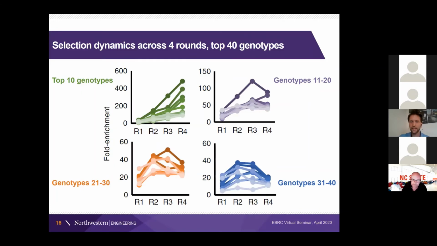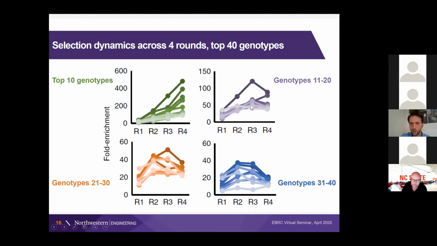As another way of looking at this, I took the top 10, 20, 30, and 40 genotypes, and I plotted for each genotype its frequency across each round of selection. You can see that the top 10 genotypes in green increase in frequency throughout the course of the selection all the way through round 4. Whereas some of the more moderately fit genotypes, like 20 through 40, initially increase in frequency, but as the average fitness of ribosomal variants in the population increases, eventually these genotypes are no longer more fit than average.